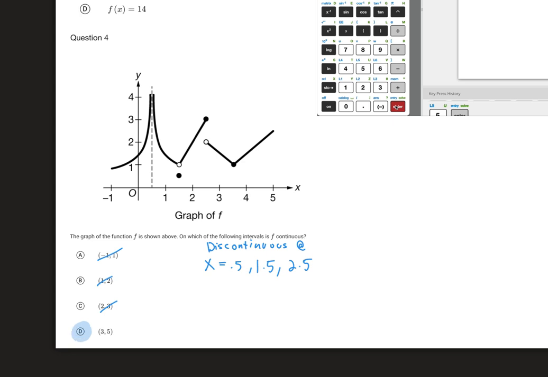So it ends up being D. Okay, so that's it. If you want to know on which interval a function is continuous, and they give you a bunch of intervals as options, I would find the points of discontinuity first, and then find the interval that doesn't contain any of these points of discontinuity.